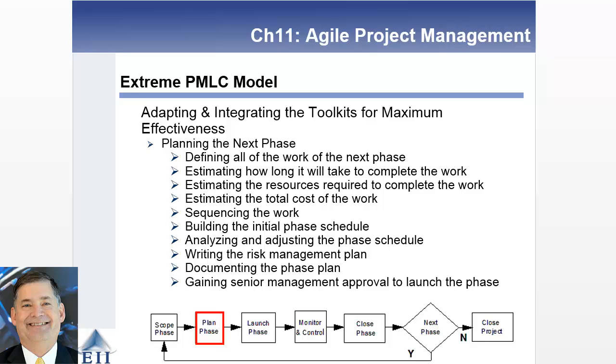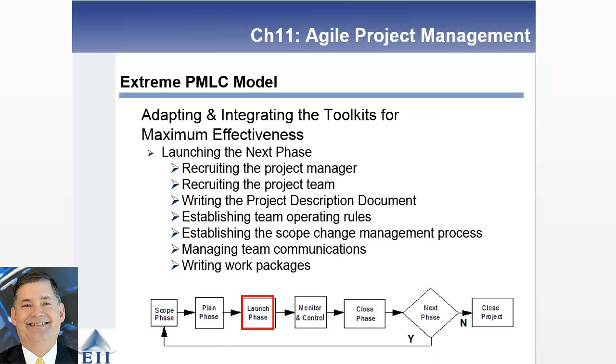And again, you've got to get senior approval once you've built out the schedule and figured out what you're going to do during this particular phase in trying to solve the challenges associated with mapping this solution back to an unknown problem. From here, you actually launch it, build your team, write out your project definition document, and then move forward.